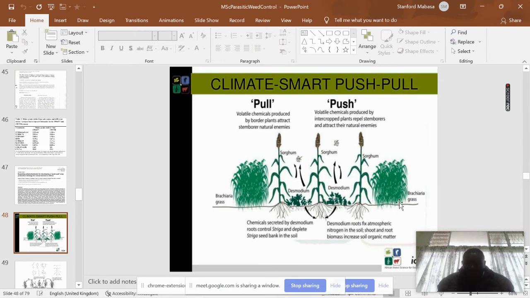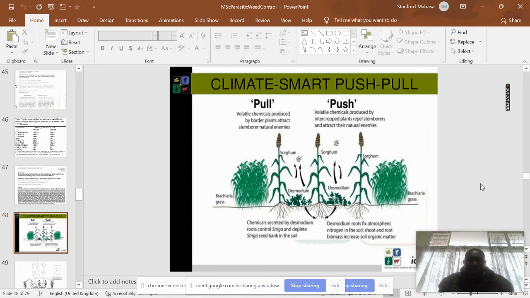And we have got this grass, brachiaria grass, which is on the edges of the field. So what happens is that this strategy controls two pests. Number one, it controls the striga, and number two, it can control stem borers.